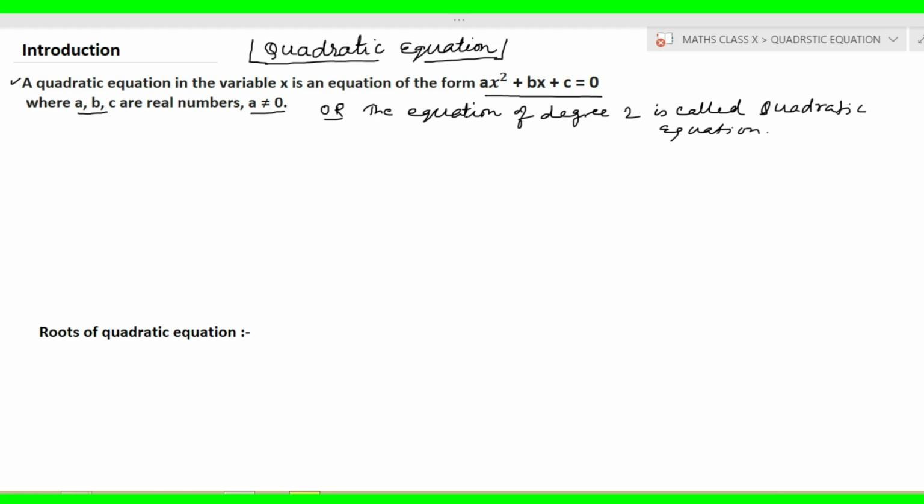Why degree 2? In this, x has power 2 and x has power 1, so the maximum power of this equation is 2. That's why it is called a quadratic equation.